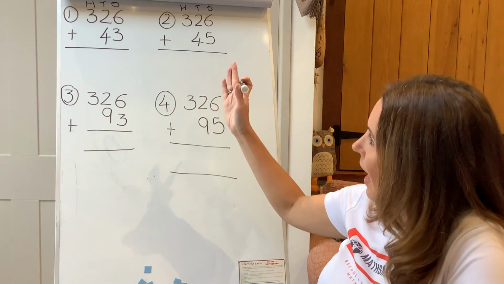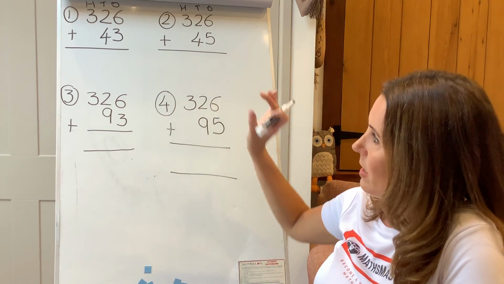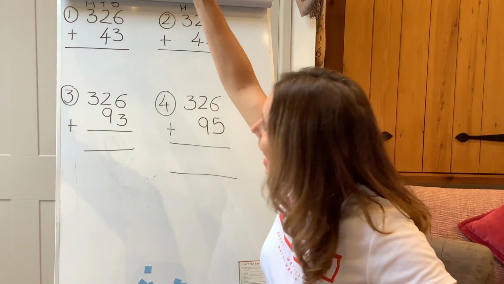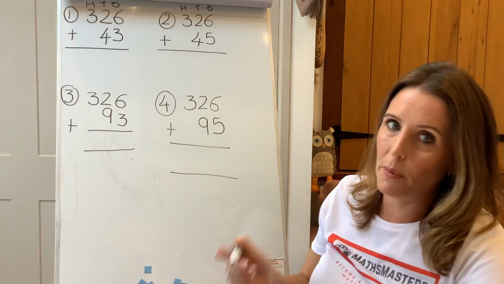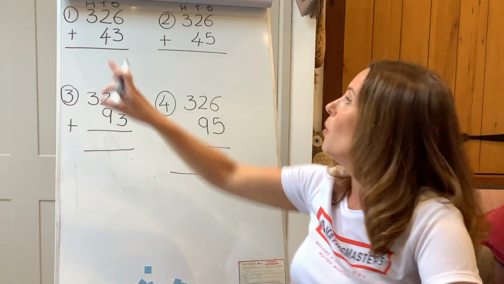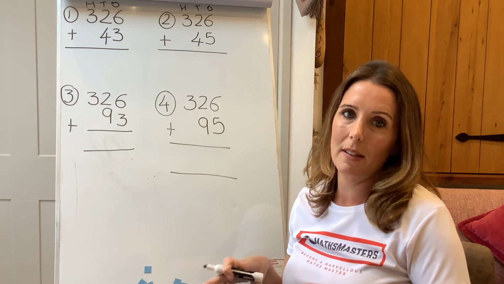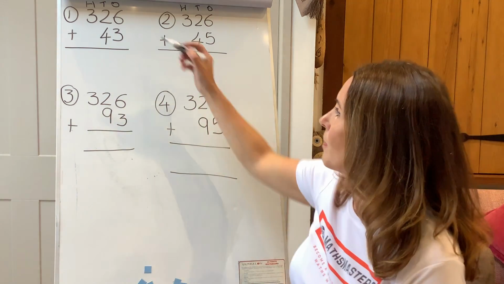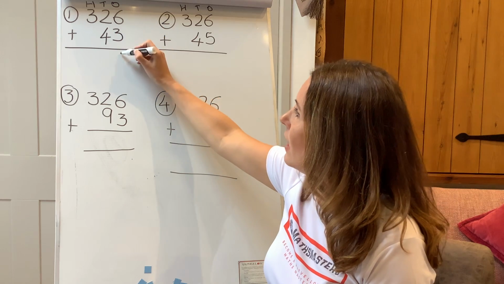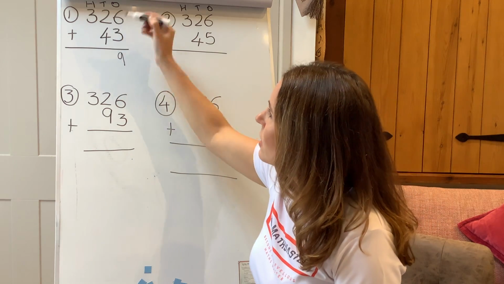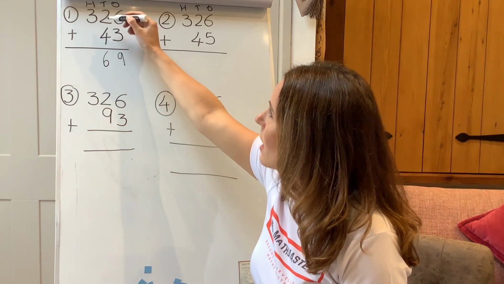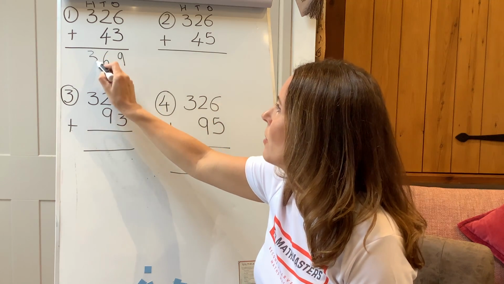Okay, so put them on there because they help us to align our digits in the correct place and making sure when we start adding in a column method that we're putting the 3s in the 1 column, we're putting that 4 10s in the 10s column. Okay, 6 add 3 is 9, 4 10s and 2 10s is 6 10s, 3 hundreds and 0 hundreds is 369.